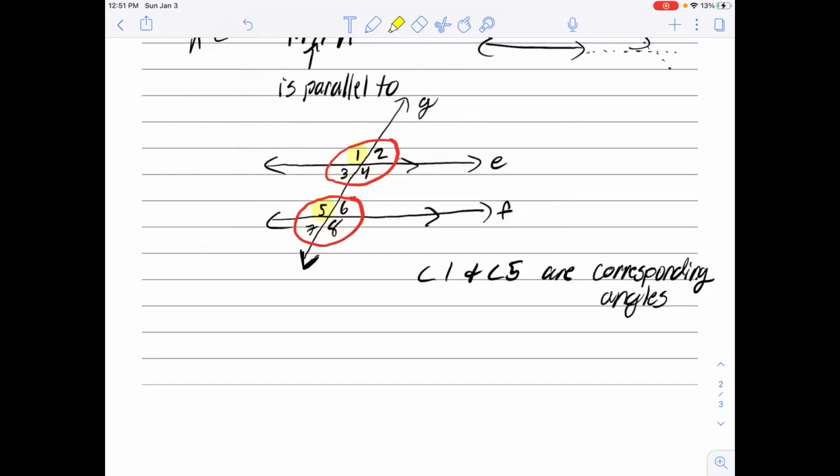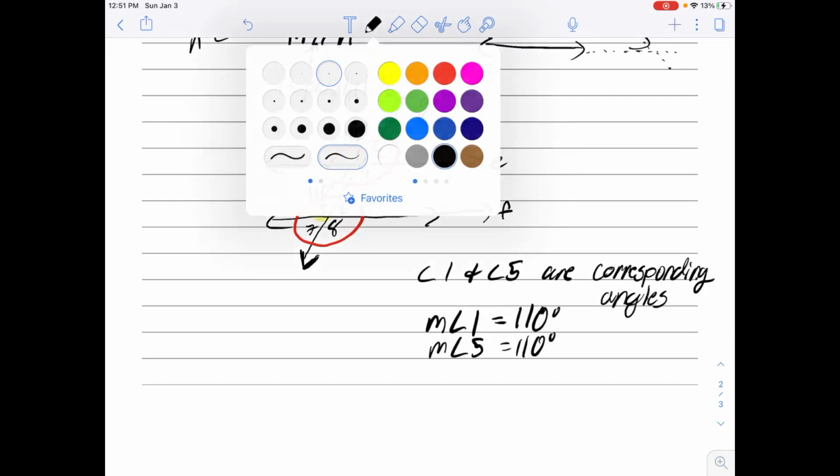Okay? Now, the reason this is important is because this means that corresponding angles are also congruent. So if I tell you angle 1 is 110 degrees, that means angle 5 is also 110 degrees. And then things get really exciting. Because now I can use all of the other things we've learned in the past 2 videos, and I can find the measures of every single other angle.